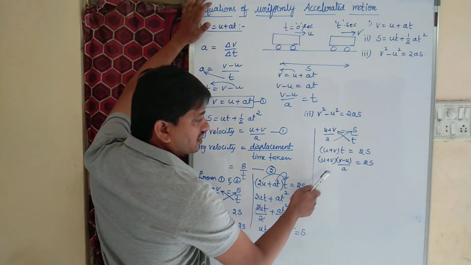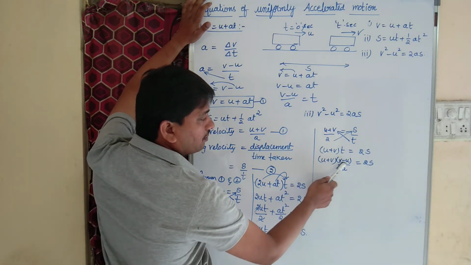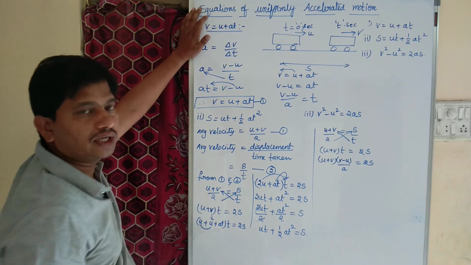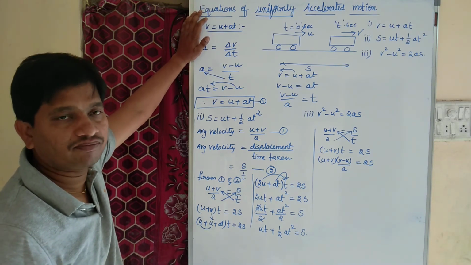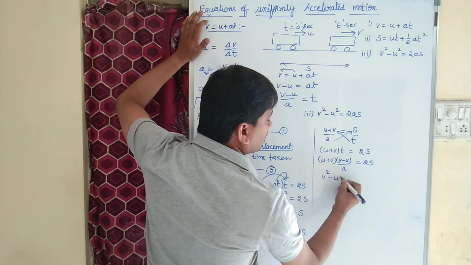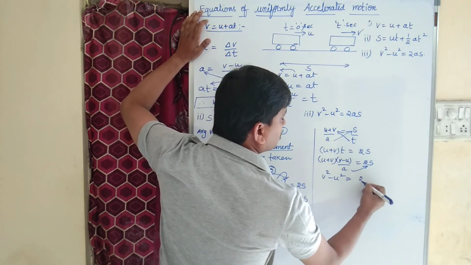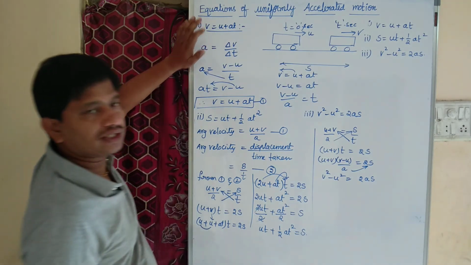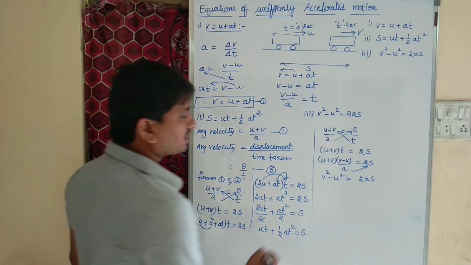Children, this is in the form of v plus u into v minus u. That is the formula x plus y into x minus y, nothing but x square minus y square. So we can write v square minus u square equal to, by cross multiplication, 2s into a, 2as.